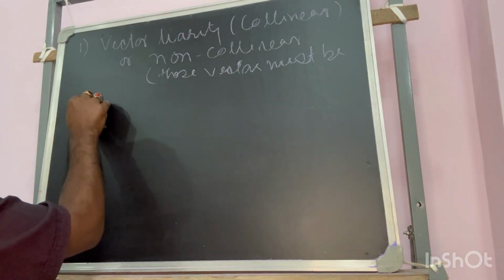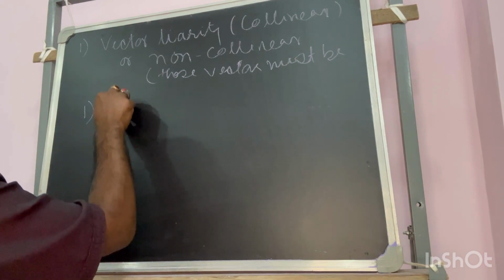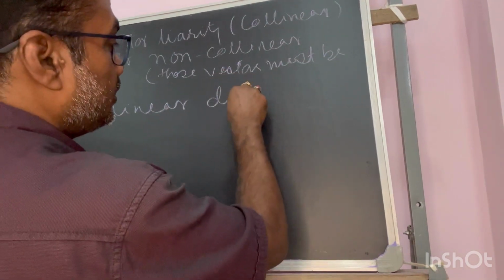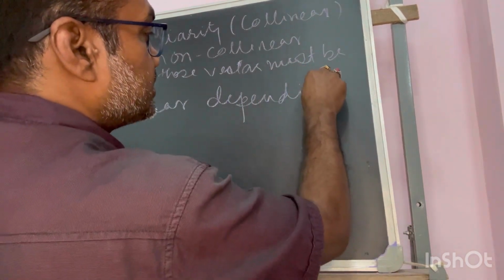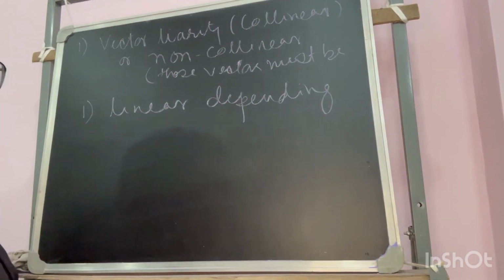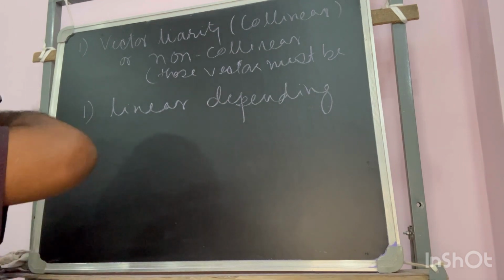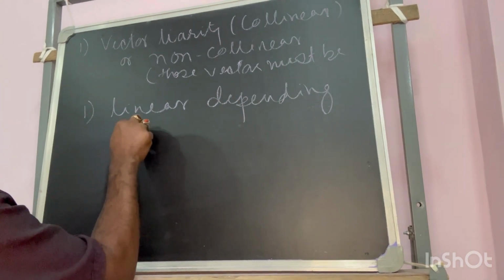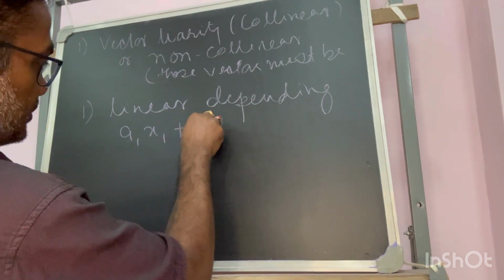Collinearity is also said to mean that the vectors have to be linearly dependent. It is the same as I said. If it is linearly dependent, then the coefficients, let's say one vector is a1 x1 plus a2 x2.